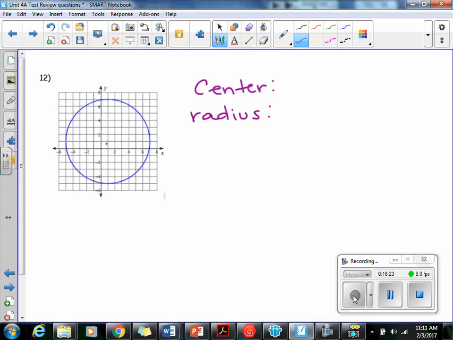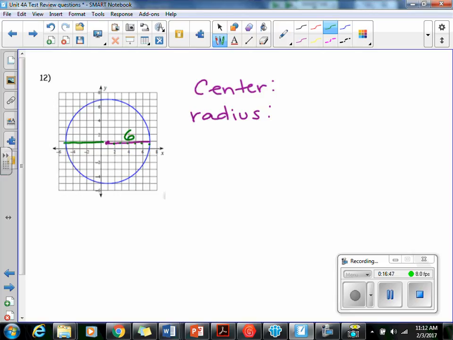Let's see. We're going to try right here. Now, if I try this, I'll know if I'm right, if the distance to the right of it, which is a radius, would be the exact same as the distance to the left. Okay, so let's count. From this, it's 1, 2, 3, 4, 5, 6.